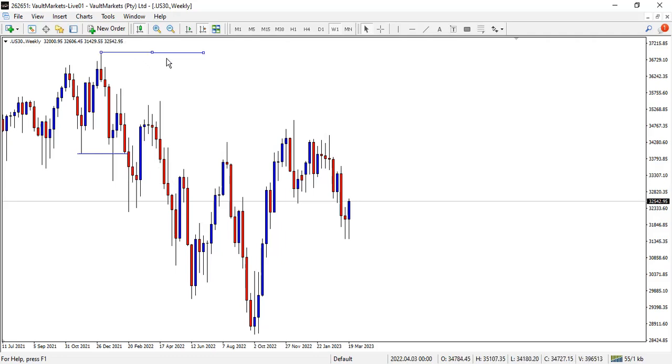So now we remove this one here. In this pullback, this is our microstructure. From the very first videos, we all know by now that price is likely to respect the order block of a microstructure before it respects the order block of a macrostructure.